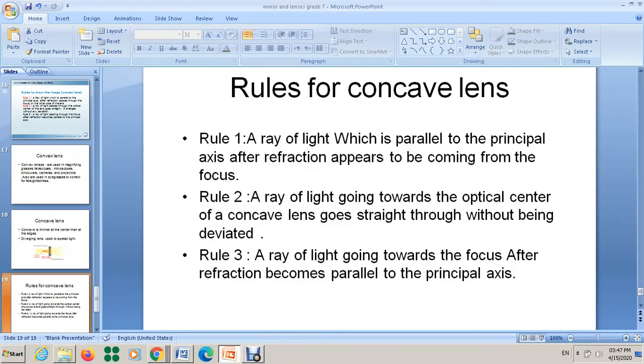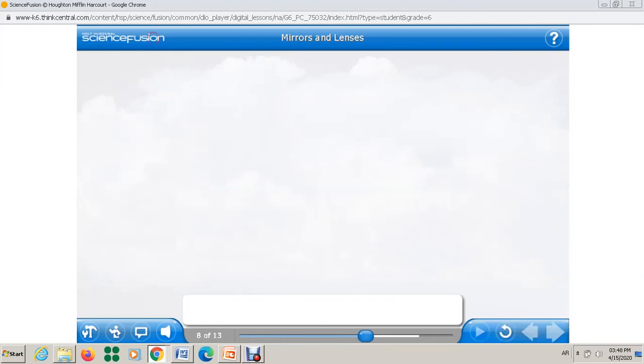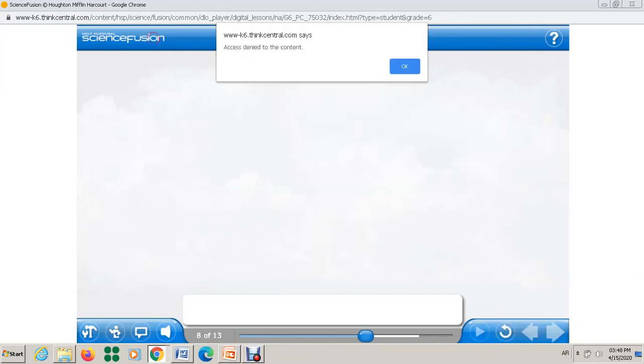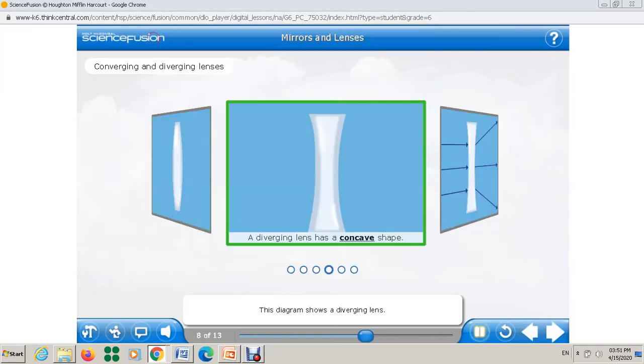Now I want you to watch a small video and write notes to understand more about the use of the concave lens. Listen carefully. This diagram shows a diverging lens. On this lens, the center is thinner than the edges. It is concave on both sides.